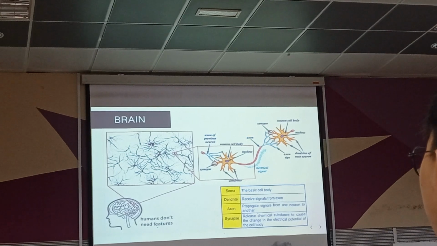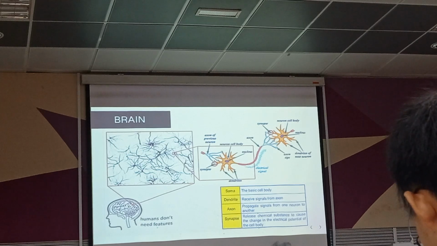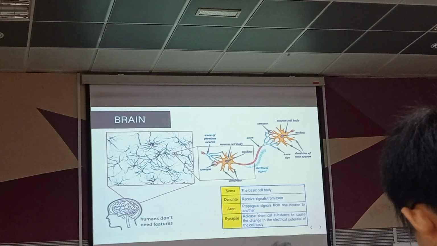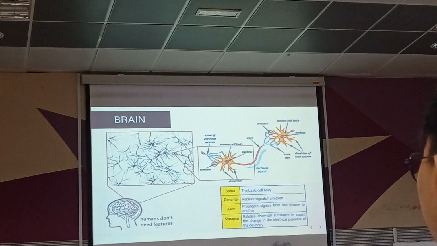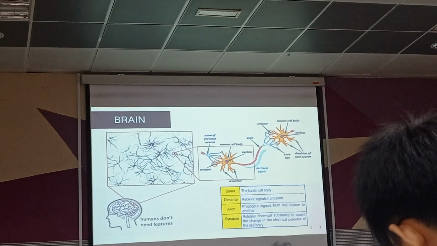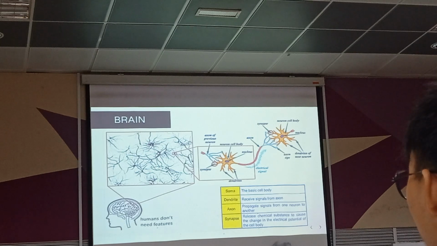All this input, whatever features you see or touch, will be sent through the soma, or the nucleus. So this input passes into the soma and gets processed, just like your PC processor.